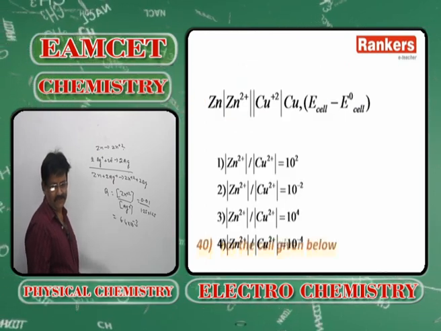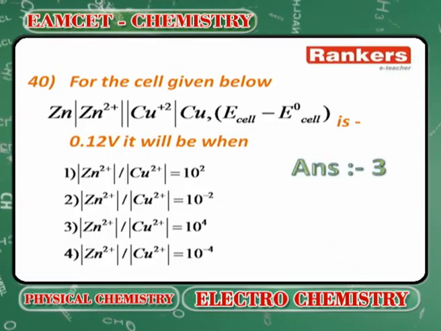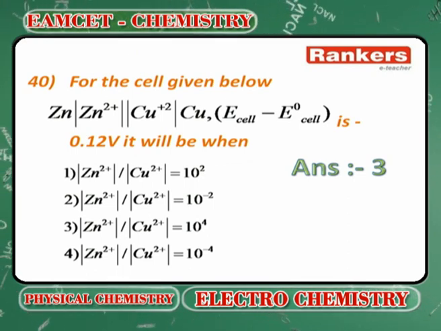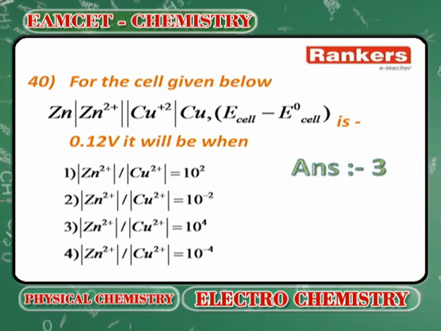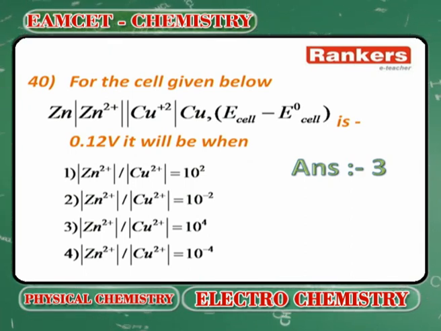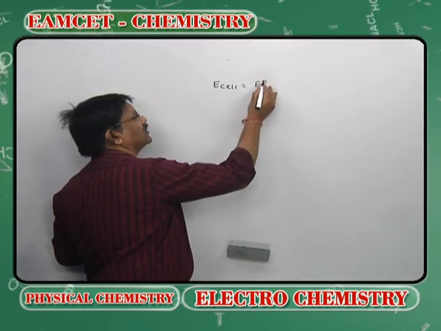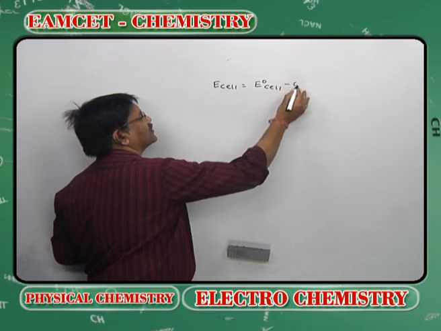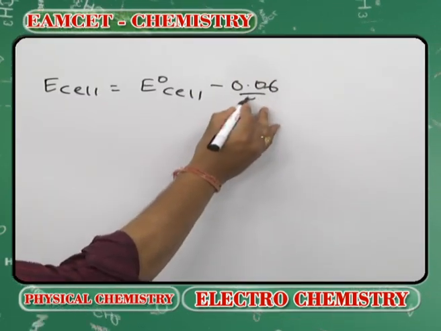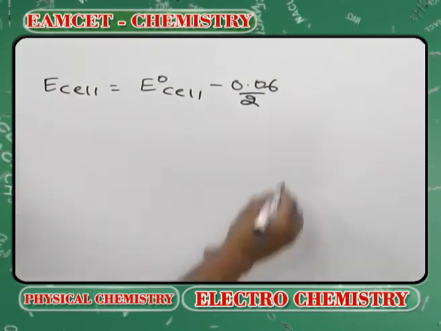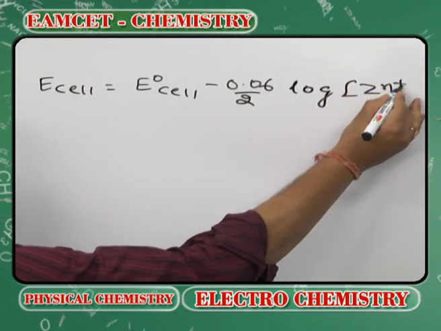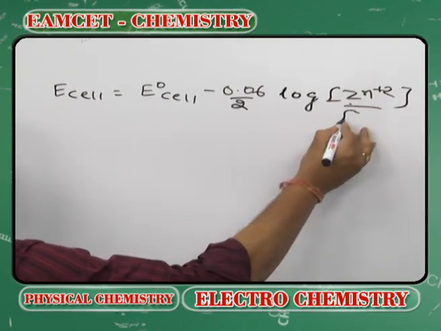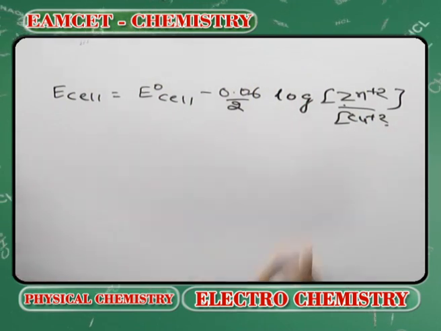Next question. See what is given there. E cell will be equal to E naught of the cell minus 0.06 by 2 log of Zn plus 2 concentration by Cu plus 2 concentration.